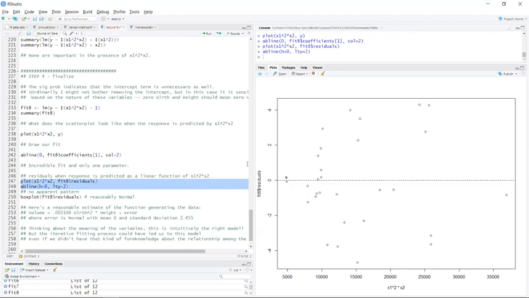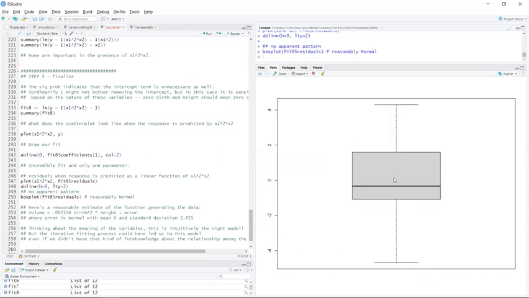What do the residuals look like? I don't see an apparent pattern. You could say, well, maybe the data spreads out more over here than it does over here, but even that's a stretch. What do the residuals look like? They're pretty normal.